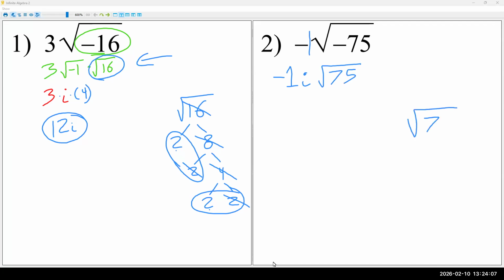So I'll come over here, we'll do our magic treehouse. All right, well, I know 75 is divisible by 5. Let's see here. Actually, nope. I'm gonna do this instead. 75, I'm gonna do 25 and 3. 75 is 3 times 25, and then 25 is 5 times 5.